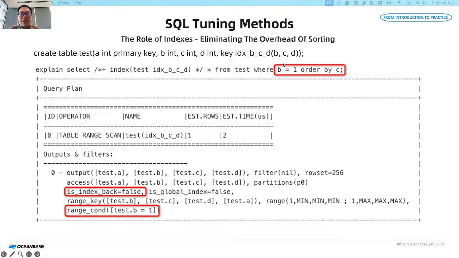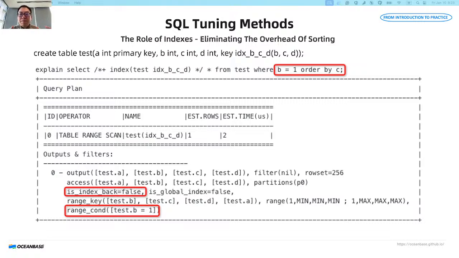This SQL statement uses the index IDX_B_C_D. In the plan, we can see that there is only a table scan operator but no sort operator, which means that column C doesn't need to be sorted after the index is returned to the table.